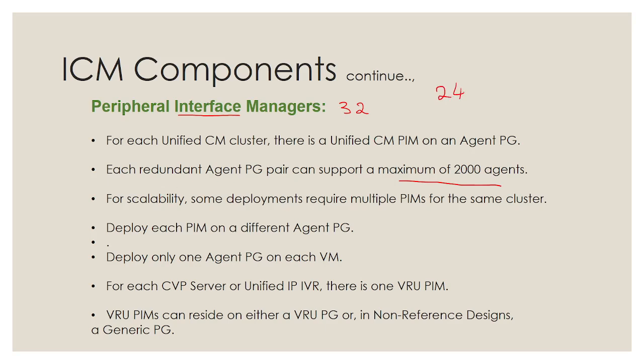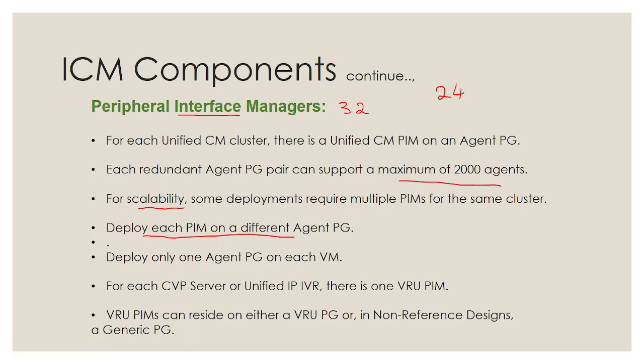The multiple PIMs are helpful for scalability and also help to communicate with multiple peripherals in the same cluster of CUCM or in a different cluster. We can deploy each PIM in a different agent PG as well.